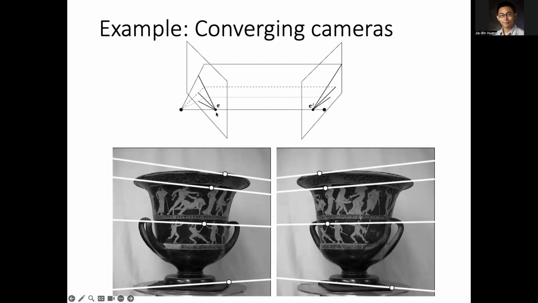The epipole E is the projection of this point onto the other camera, and all the epipolar lines will pass through this point. That's why in this case the epipole is probably far away here, because all these lines converge there.